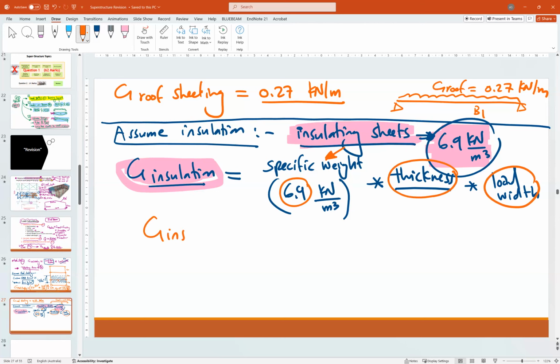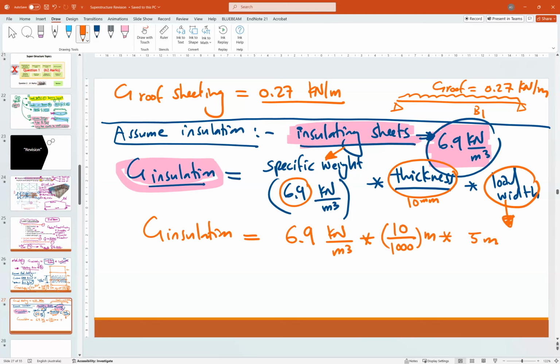So G insulation equals 6.9 kilonewton per cubic meter times, let's assume it is 10 millimeter, so 10 divided by 1,000 to make it meter, multiplied by the load width. How much is the load width for the rafter? 5 meter.